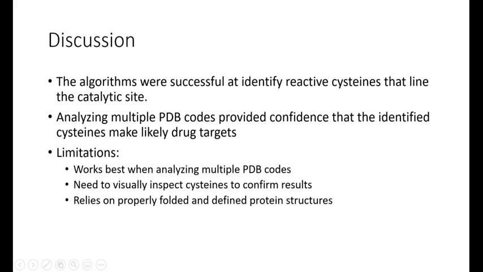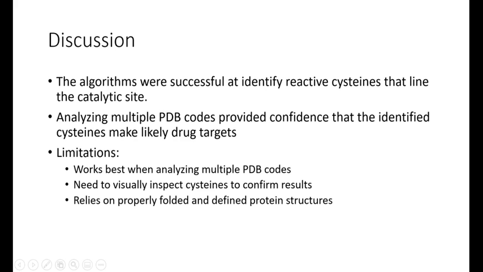This was seen with the IRAK4 gene in this study. The one misfolded protein produced a reactive cysteine result, but no other proteins of the same gene produced any reactive cysteines.